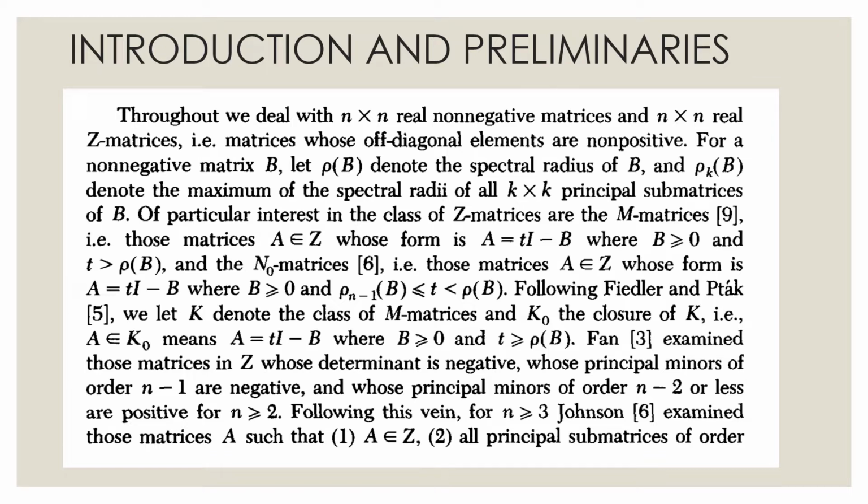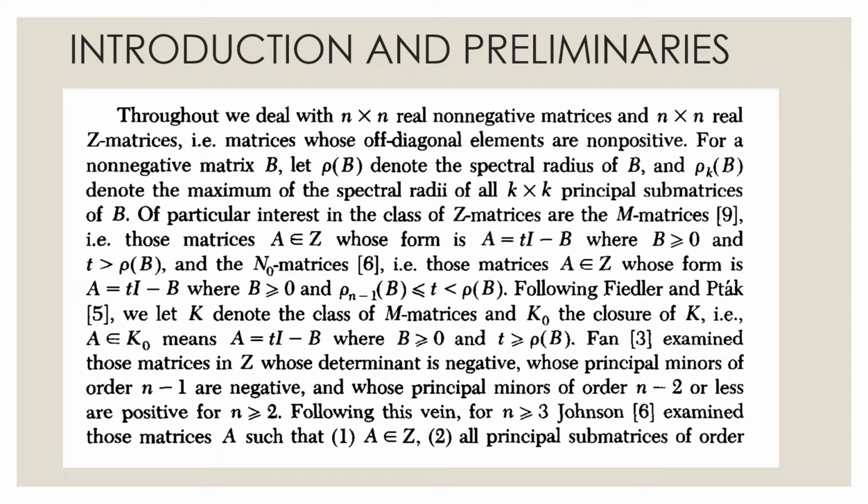Pan examined those matrices in Z whose determinant is negative, whose principal minors of order n−1 are negative, and whose principal minors of order n−2 or less are positive, for n greater than or equal to 2.